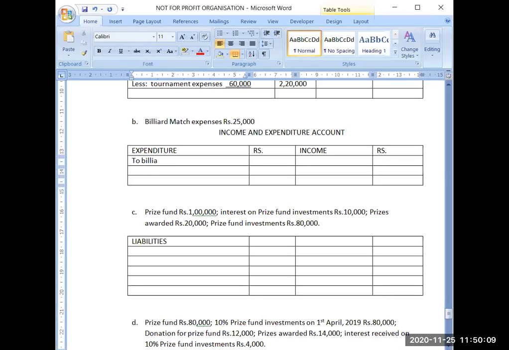To billiard match expenses, 25,000. So this way we have completed the two portions. Now see the third part.